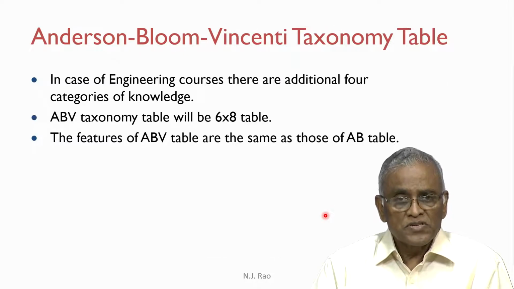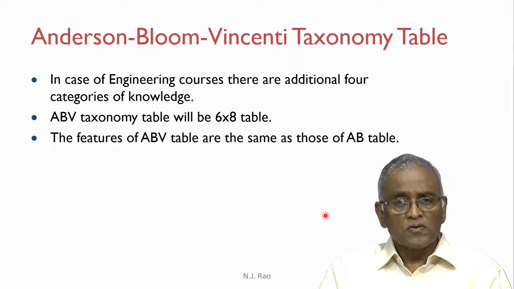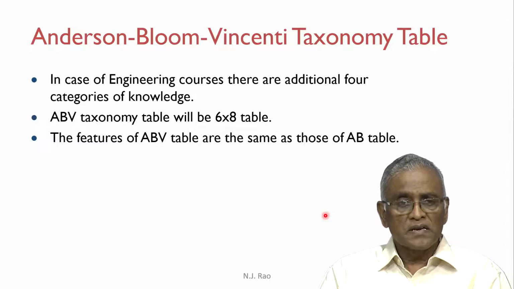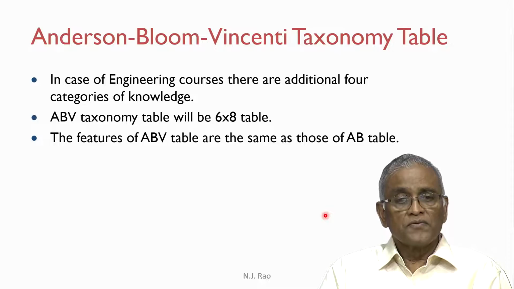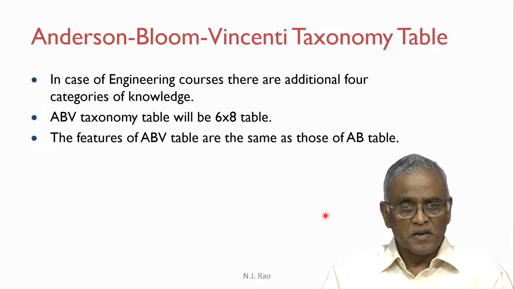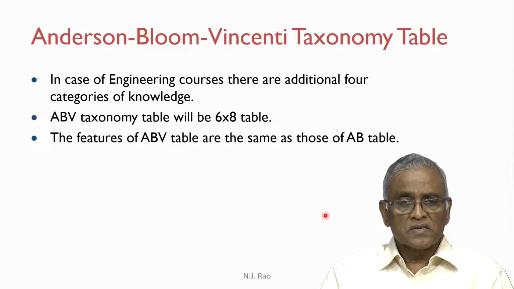Now, in case of engineering courses, we found that we have 4 additional categories of knowledge. So, now you have what we call the ABV taxonomy table, Anderson Bloom Vincenti taxonomy table. It will be a 6 by 8 table, 6 cognitive processes and 8 categories of knowledge.